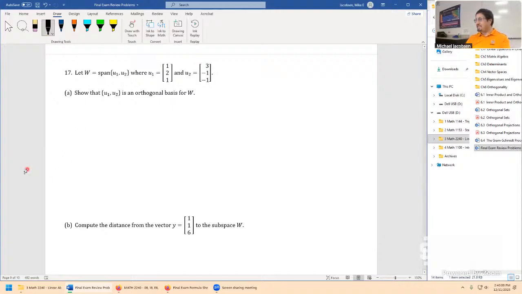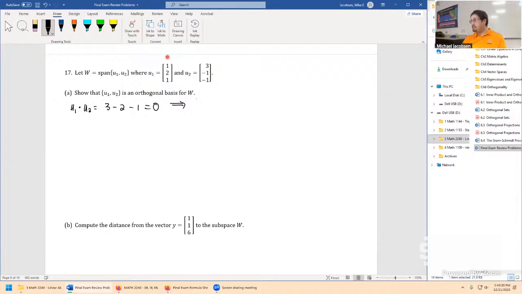We take u1 dot u2. We have to check that these vectors are orthogonal to each other, so the dot product has to come out as 0. Multiplying, we get 3 minus 2 minus 1 equals 0, and so that's some fast algebra there.